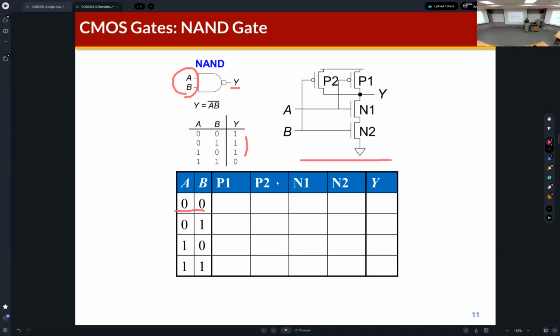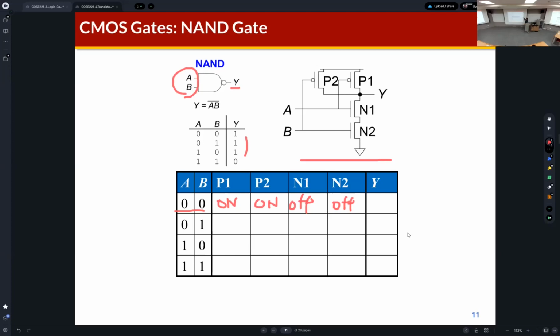It's ground. Then P1 is on, right? On. It's on. It's off. It's off. So the NMOS transistors are connected to the ground, but these two NMOS transistors are turned off.